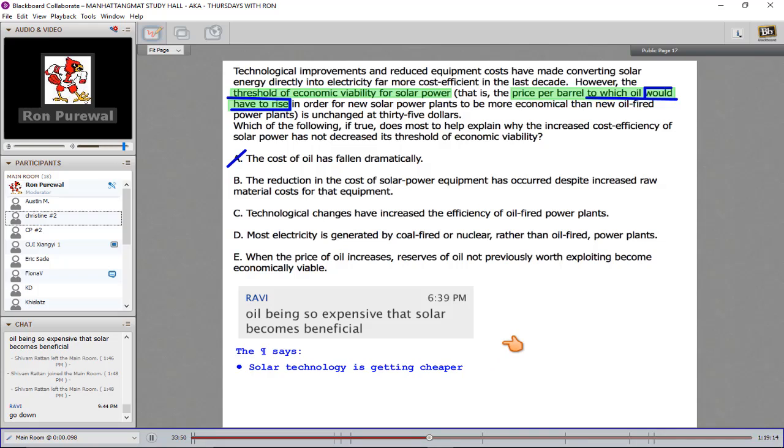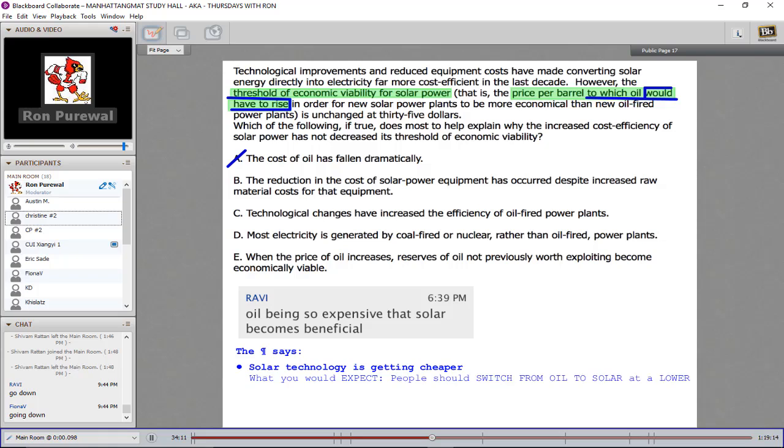When would people start switching to solar? It would go down, right? What you would expect is people would switch from oil to solar at a lower threshold value. Smiley face if that makes sense.